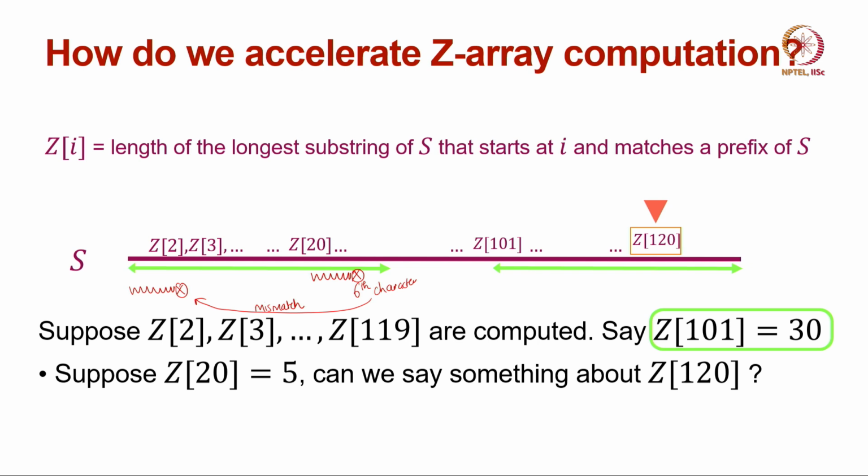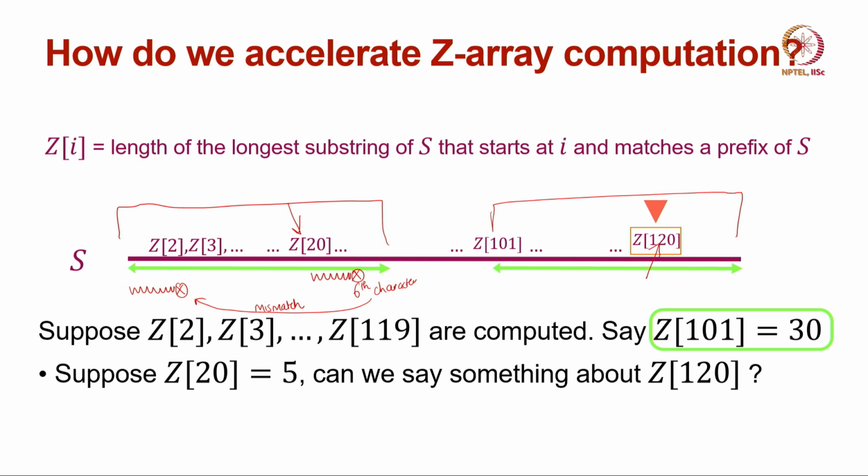So because Z20 is 5, we know that the 6th character is mismatching. Can we say something about Z120? Because this entire substring is identical to the prefix, the character at position 120 is equal to the character at position 20 in S.